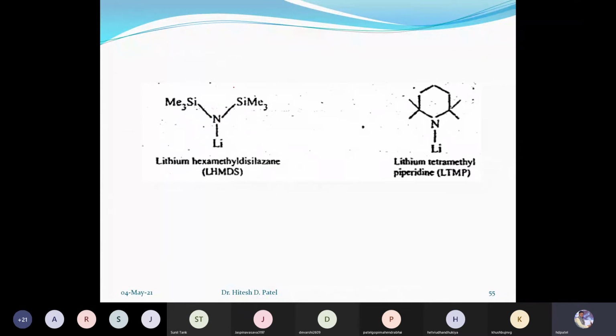Nowadays, instead of the isopropyl group, we can introduce some more groups over here. The isopropyl group is a small group, even though it is known as a sterically hindered group, but instead of isopropyl group, we can introduce silicon, that is the trimethylsilyl group, which is more sterically hindered than isopropyl amine. These types of compounds are available in the market.